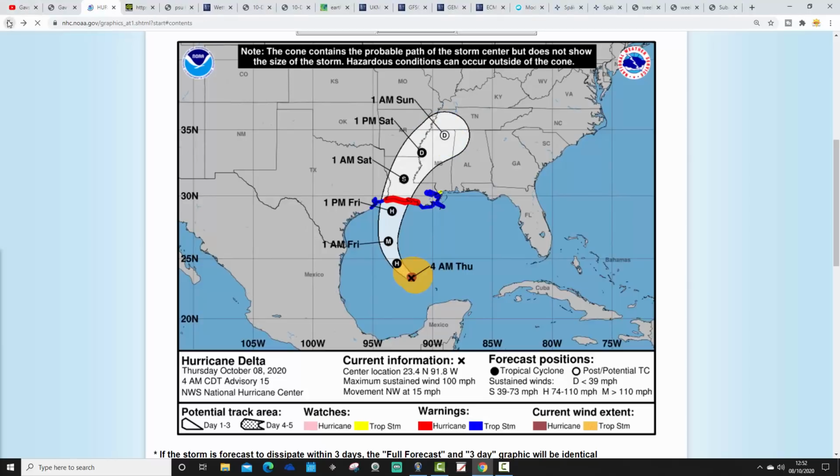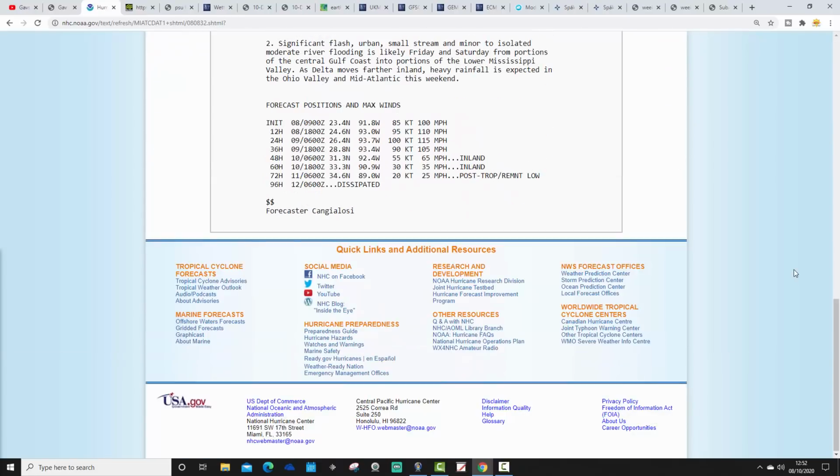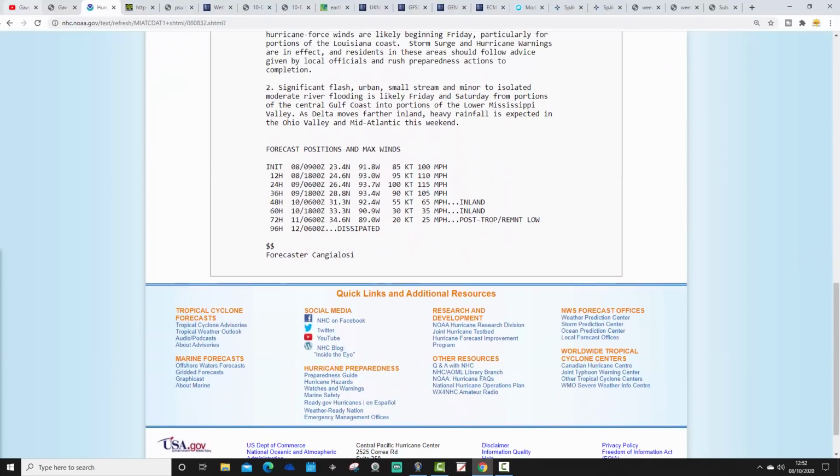By Sunday, it's down to a post-tropical depression. Now, let's see how strong this is going to get. We know it is going to reach major hurricane status, which is category 3. Let's have a look at the discussion page and see what the wind gust is forecast to reach. At the moment, the maximum wind gust is being forecast to reach 115 miles per hour.